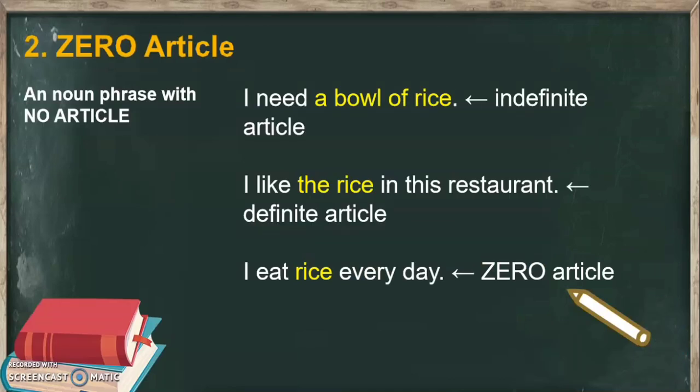So let's go. Previously, we had the first kind of determiner, that is the article. We learned the articles a, an, and the. Today we are continuing with zero article. What is a zero article? From the word itself, zero: nothing, no, without.